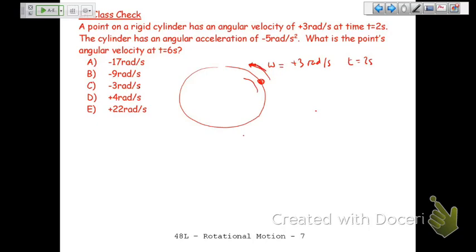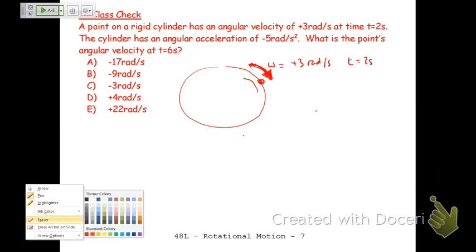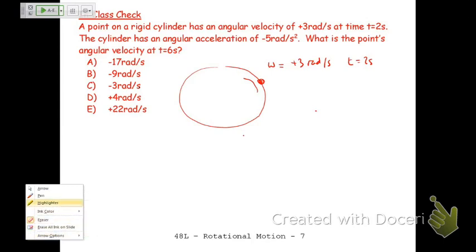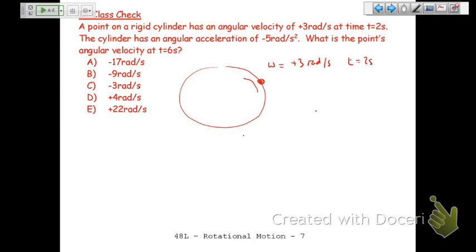I want to get my directions right. It doesn't matter as long as they're opposite, but I'd like to get them right. This is a positive velocity, so that's going to be in that direction. And for my alpha, it's a negative, and that's going to be minus 5 radians per second squared.